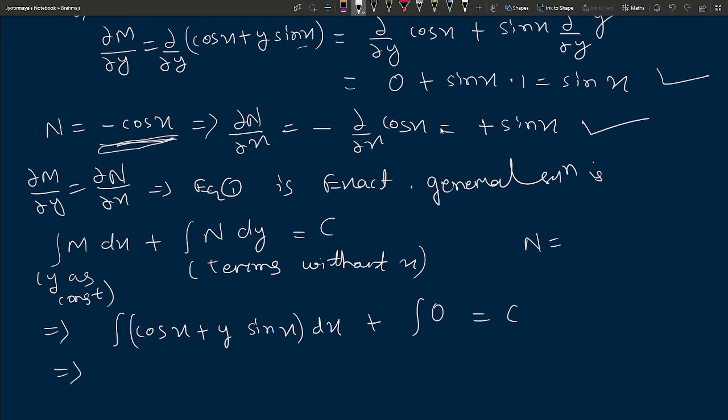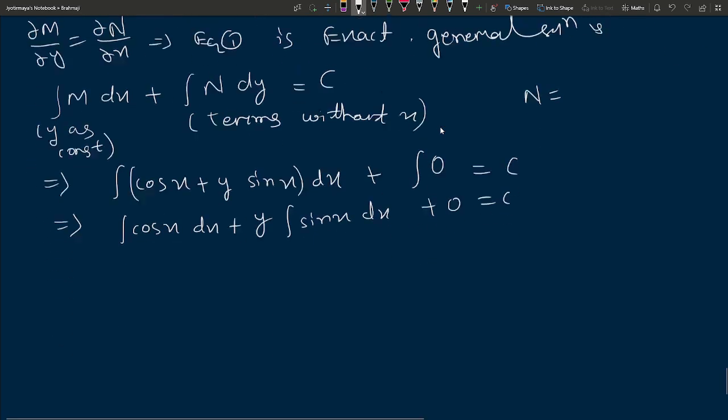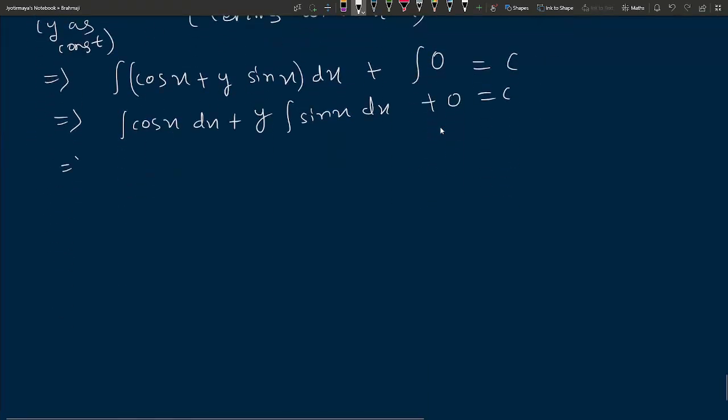Now y constant, integration of cos x dx plus y constant, so keep y outside, integration of sin x dx, plus integration of 0, equal to c. This implies integration of cos x dx. What is integration of cos x dx?